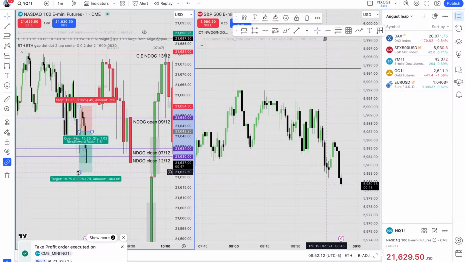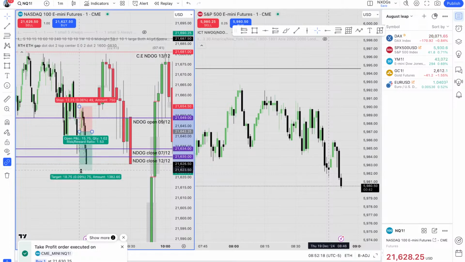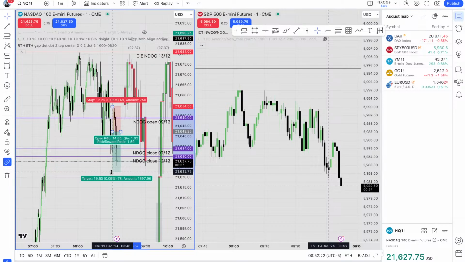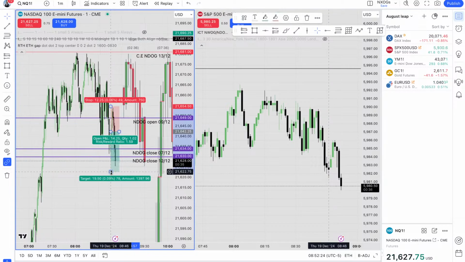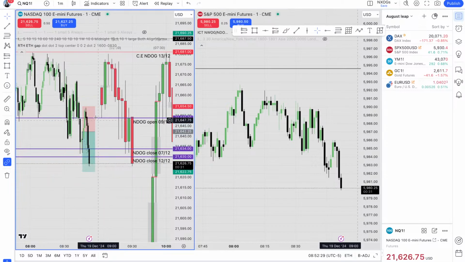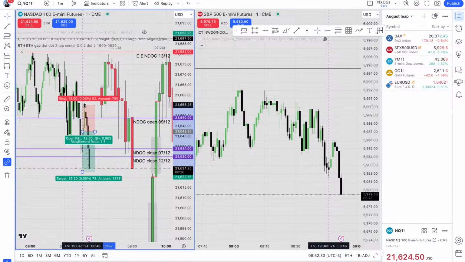So it's not bad. We just hit 12 points, but I could have targeted this order block. But it's the first trade. I wanted to be a little bit safe, and look at where the price almost hit my stop loss. So it was here.